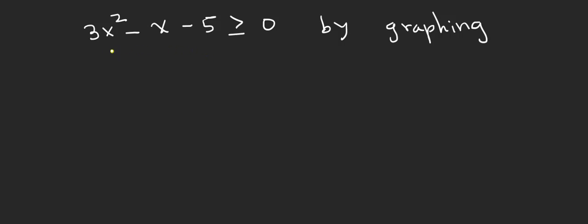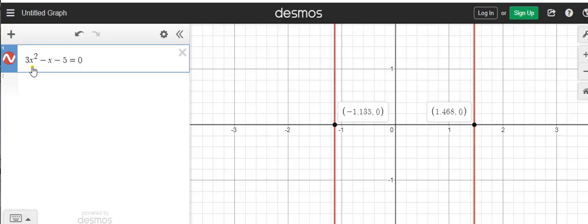Well, first, this represents a y value. So we need to find when the y value is greater than or equal to 0, which means when the y value becomes positive. So using Desmos, I graphed 3x squared minus x minus 5 equals 0.